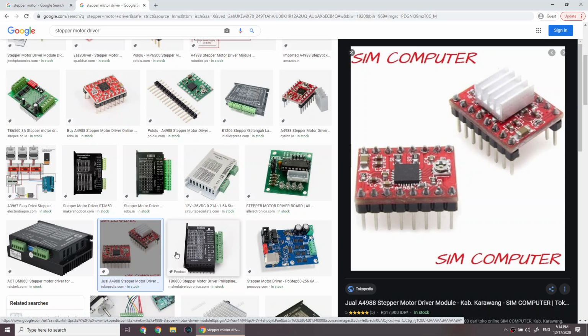Most of those electronic stepper motor drivers use digital signals. A digital signal is an input that accepts 0 or 1. It may also be a digital output that outputs 0 or 1.